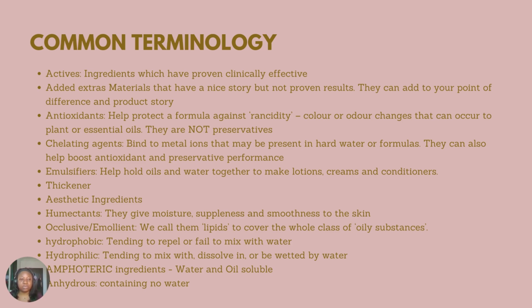We have a lot of those ingredients that have proven clinically effective, whether for lightening, brightening, or for anti-aging, or for getting rid of eczema or any form of skin condition. Those are active ingredients.